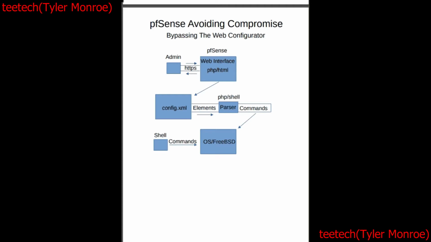Now, how can this happen? Well, obviously physical access, because you can go to the shell, you can get root immediately, and that's how we start the attack. But there's another way. If you enable SSH, and you have a weak password, or you're not using key-based authentication, what happens is they can get into the system there and do the same type of attack.